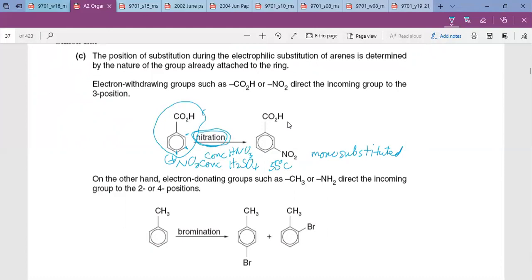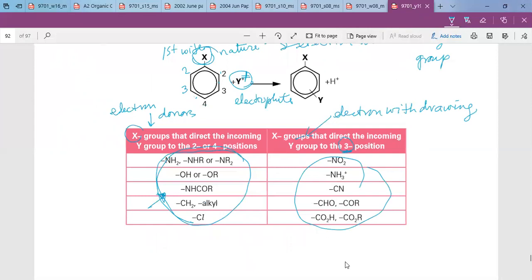where is it going? Here, the position of substitution during electrophilic substitution of arenes is determined by the nature of the group already attached to it. That means the first wife. And who's the first wife? COOH. Now, last time this table was not given in the data booklet.